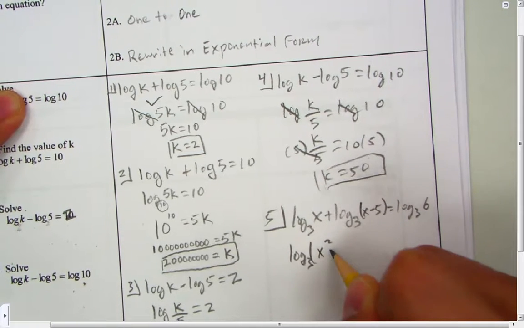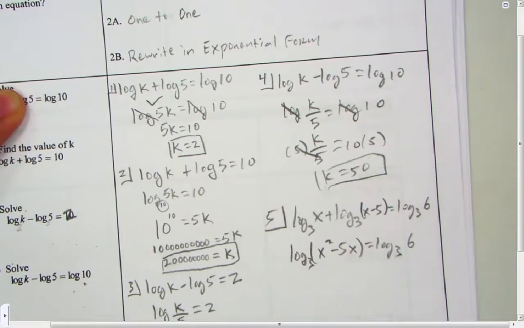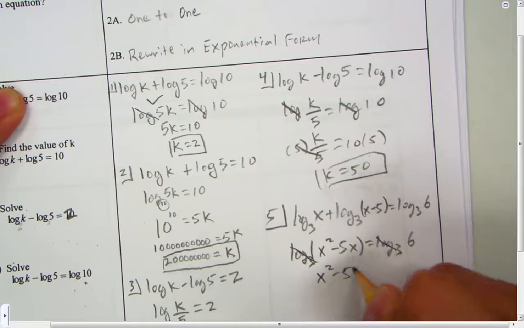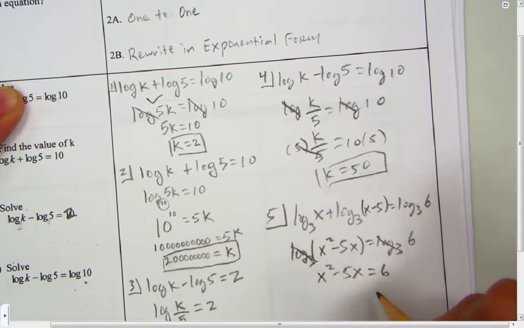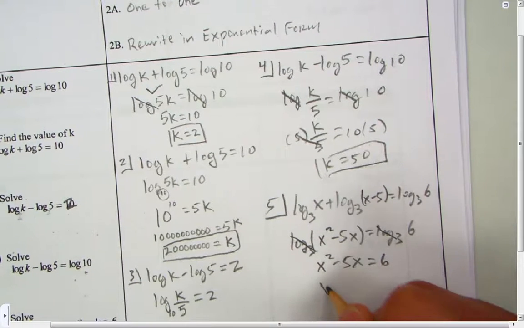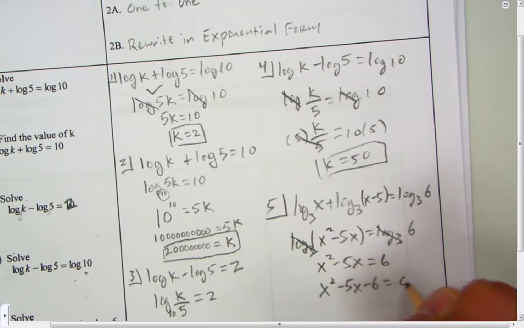X times negative 5 is negative 5x equals log base 3 of 6. Now it's 1 to 1, so I'm going to cross these out. So that's going to be x squared minus 5x equals 6. Since there's an x squared and an x, I'm going to get one side equal to 0, so I'm going to subtract 6 on both sides. So that's going to be x squared minus 5x minus 6 equals 0.